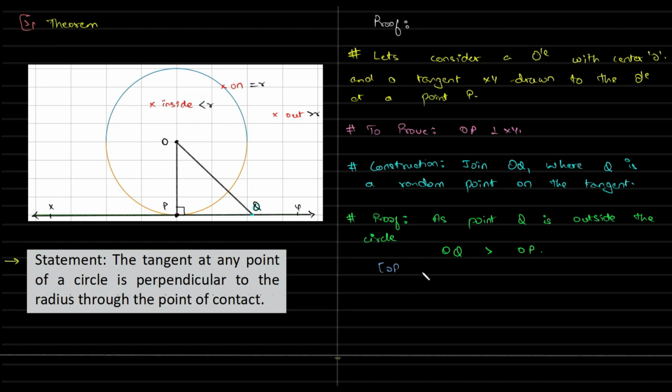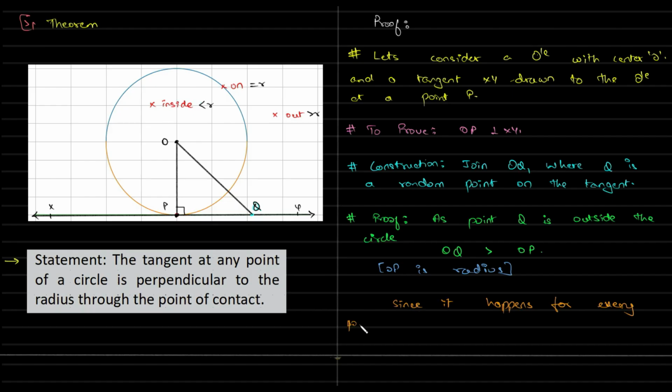Reason being, OP is the radius. So with this in mind, we'll just write, since it happens for every point, because every point on the line other than point P is outside the circle. This happens with every point.